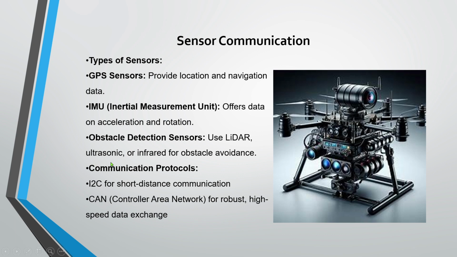And the third one is the communication protocols. In sensor communication, we use I2C, inter-integrated circuit, for short distance communication, and the CAN, controller area network, protocol for robust and high speed data exchange.